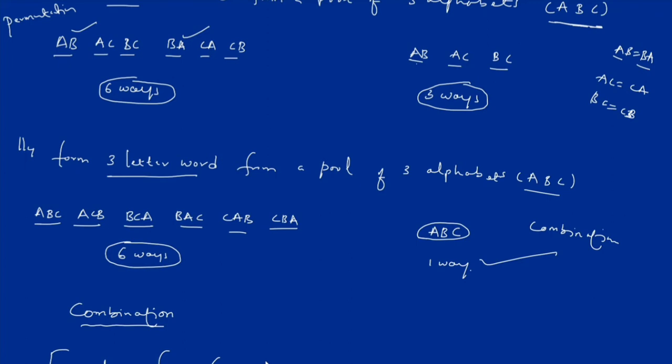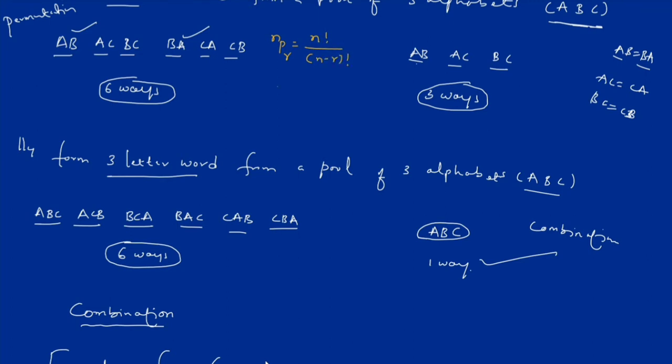So let's see the formula. Let's see once again: there are totally six ways. The standard formula for permutation is nPr, n factorial upon (n minus r) factorial.